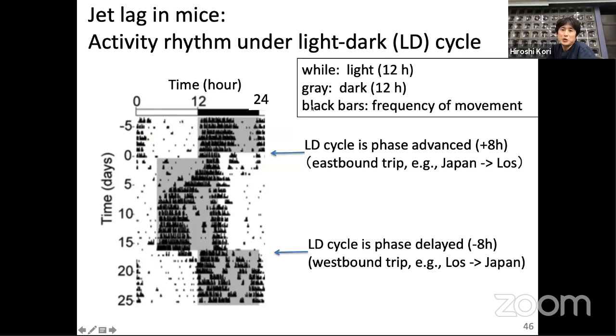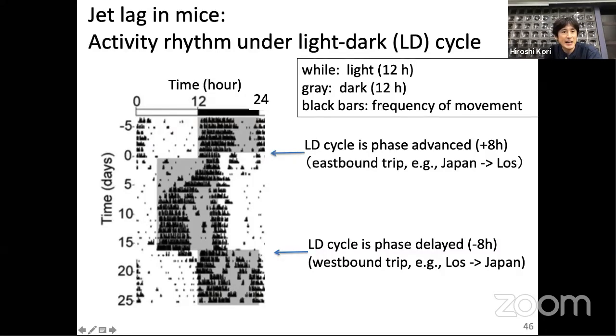Okay, as you know, when we experience a long-distance trip across several time zones, we have jet lag symptoms, which I unfortunately had at this conference. Here is an experiment using mice, which mimics the situation of jet lag. Here I show the activity rhythms of a mouse in a cage under a light-dark cycle. This axis is days, and this is 24 hours.